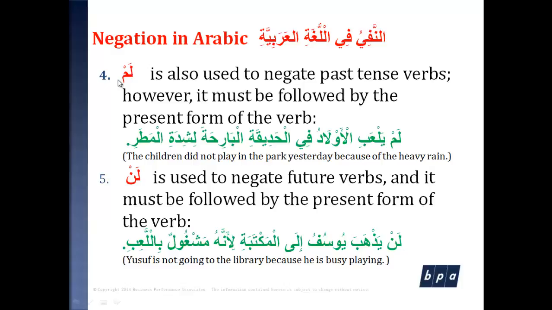Here's an example: لن يذهب يوسف إلى المكتبة لأنه مشغول باللعب. Yusuf is not going to the library because he is busy playing. So it is indicating a future activity.